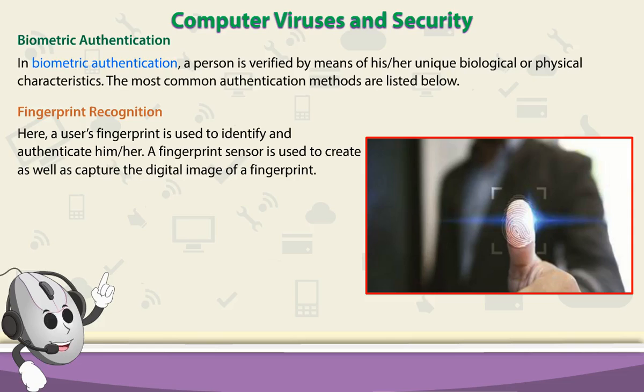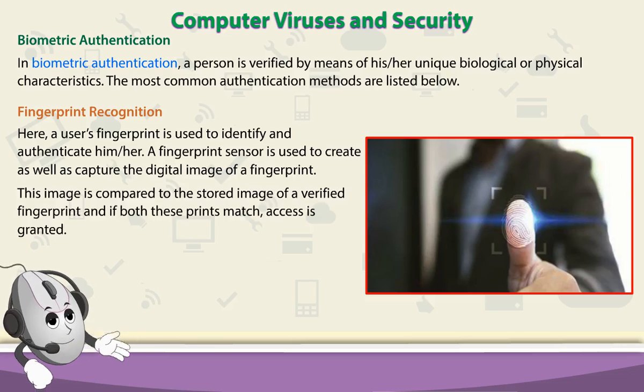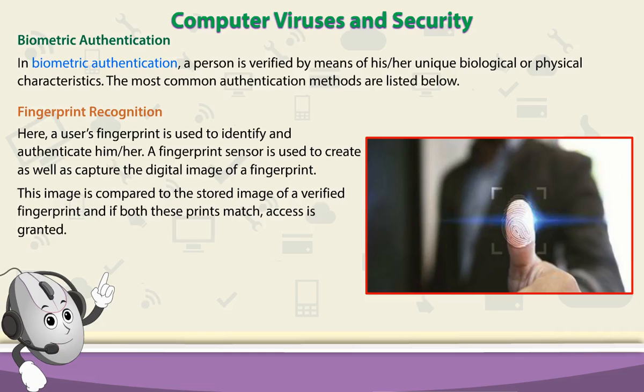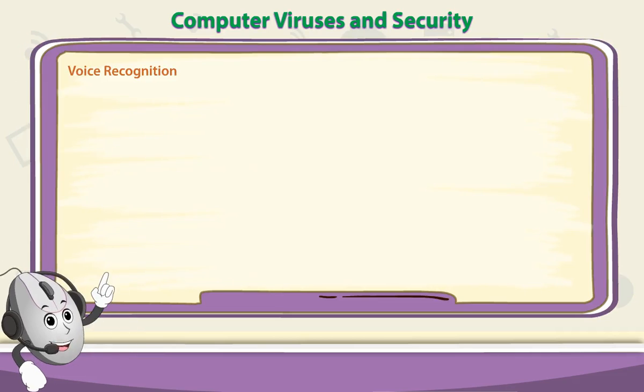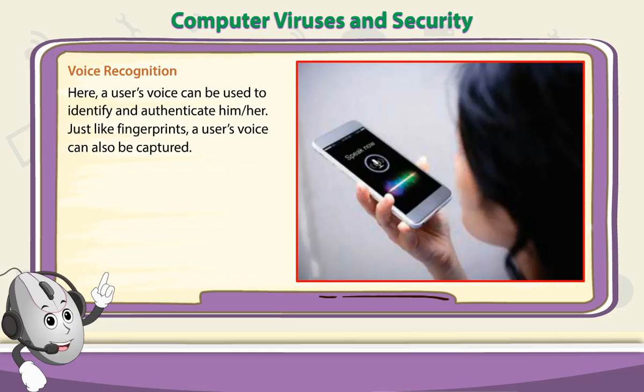A fingerprint sensor is used to create as well as capture the digital image of a fingerprint. This image is compared to the stored image of a verified fingerprint, and if both these prints match, access is granted. Voice recognition. Here, a user's voice can be used to identify and authenticate him or her.